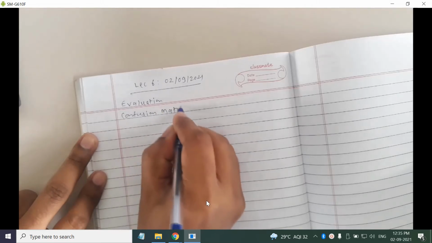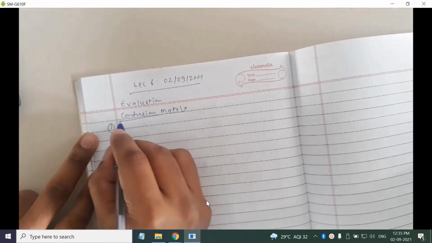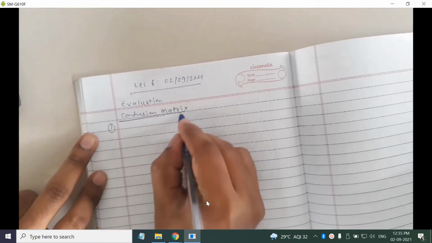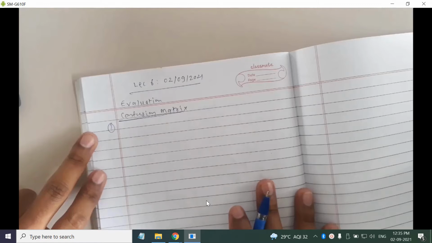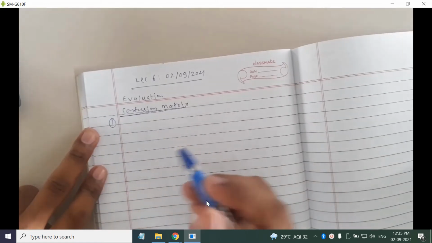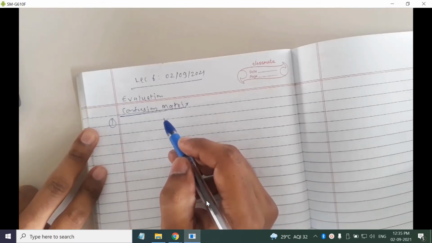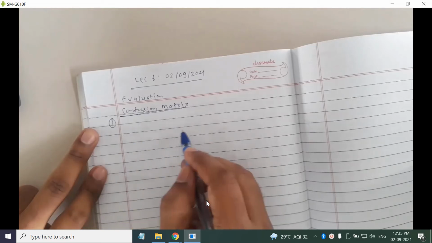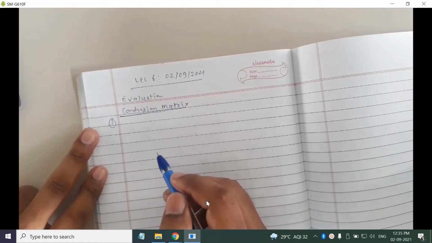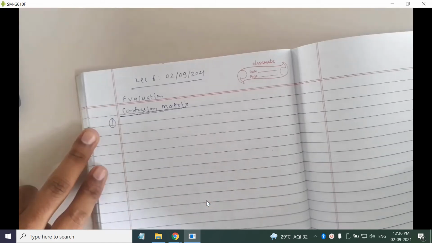Confusion matrix. From what we have covered till this point, we can note down some points regarding confusion matrix. So what is the use of confusion matrix? It gives us a tabular representation of the performance of our classification algorithm. So it is regarding classification.